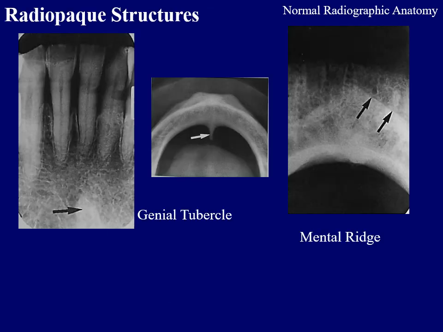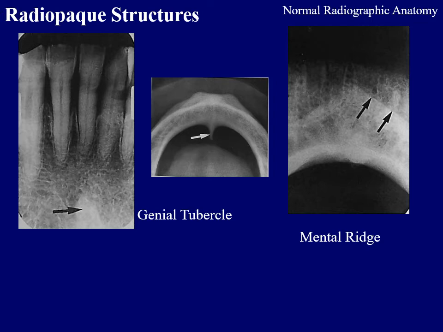Coming down to radio-opaque structures, the very first slide is the genial tubercle. It is also called the mental spine, that is well appreciated in the second slide with a white arrow. It is located on the lingual surface of the mandible, slightly above the inferior border and in the midline of the mandible.